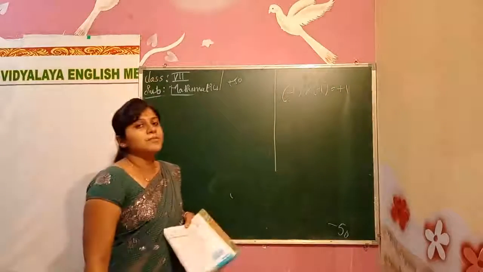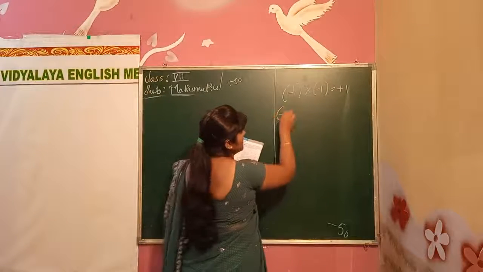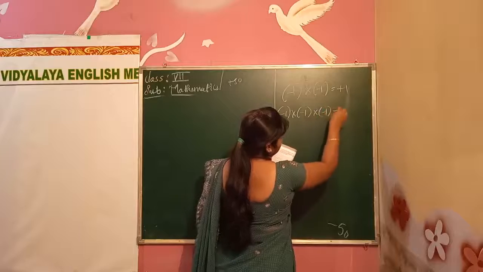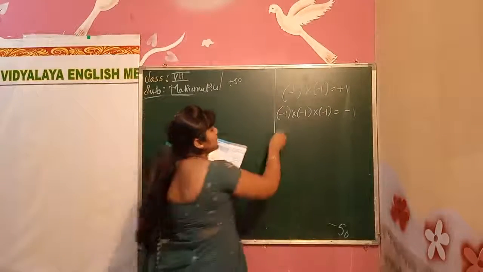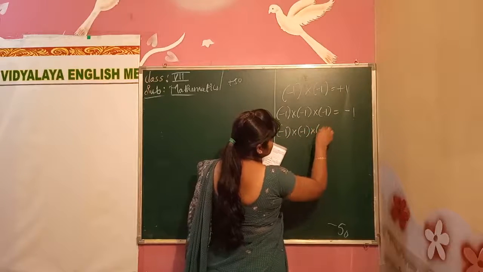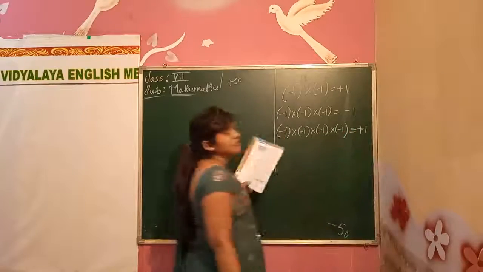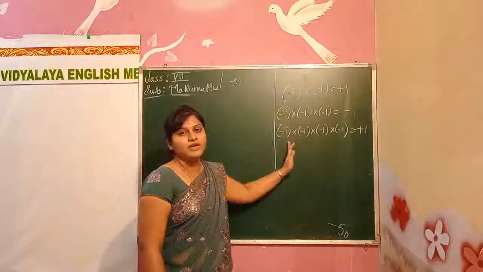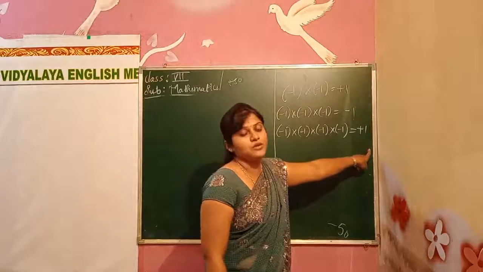When we multiply three negative integers, we get a negative integer. When we multiply four negative integers, we get a positive integer again. Like this only. If we multiply 5 negative integers, we get negative again.